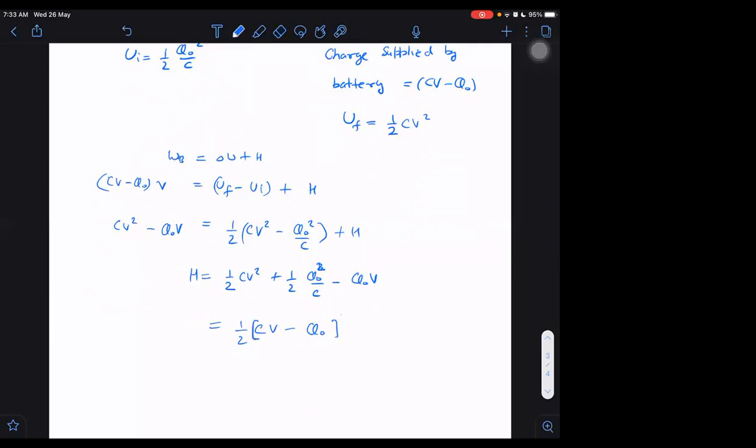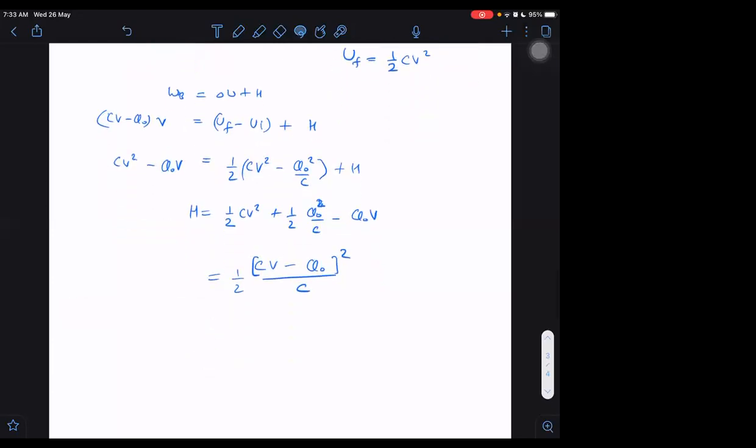Half of (CV minus Q naught) whole square by C. Is it that only? Yes, sir, I was looking for this only. That is right. Fine.